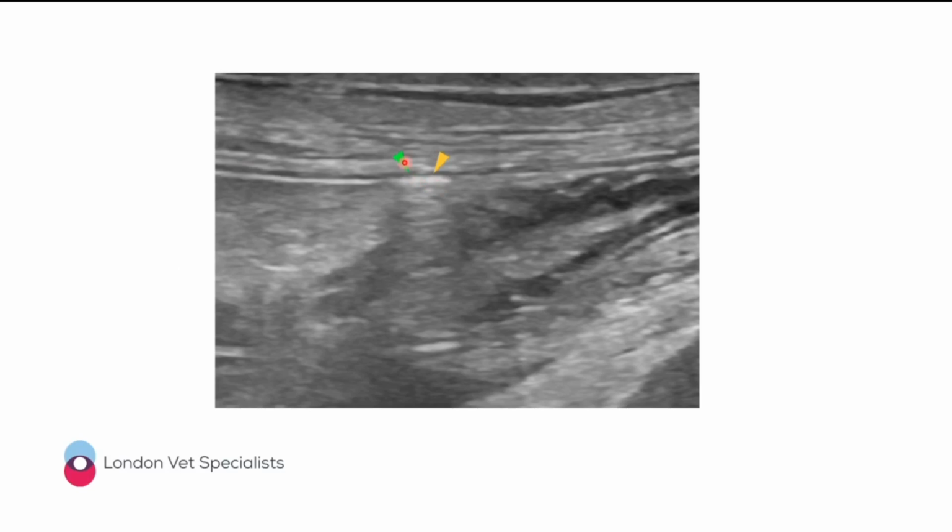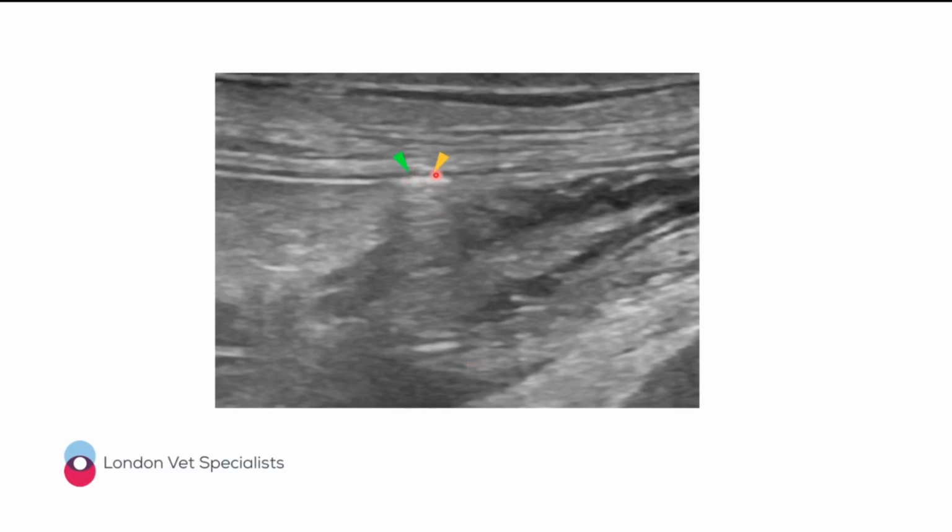And then helpfully, we have two little arrows here and here pointing out this little gas pocket that's formed in the non-dependent part of that peritoneal cavity. And we've got this linear hyperechoic line, and then we've got this reverberation artifact in the far field relative to that hyperechoic line. And that is absolutely typical of gas within the peritoneal cavity of a pneumoperitoneum.